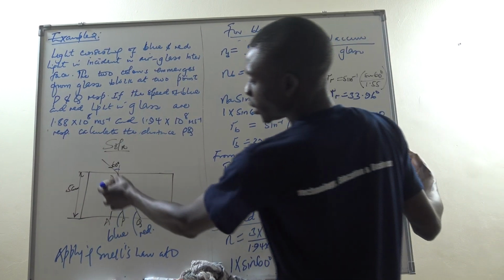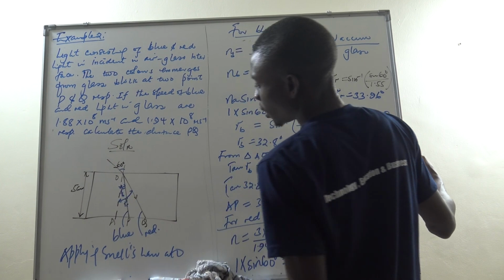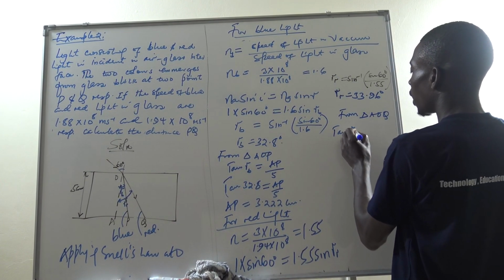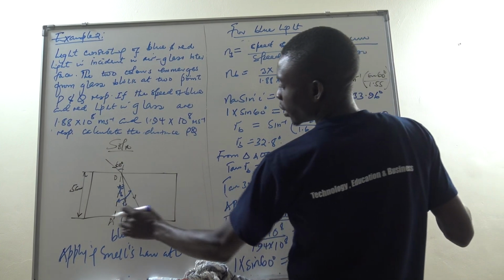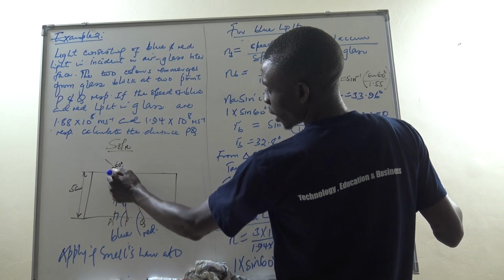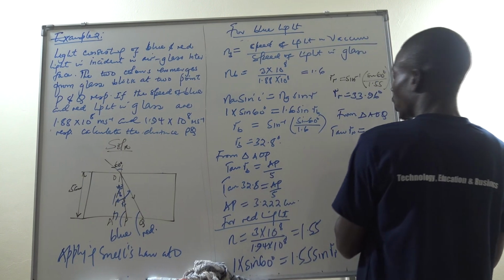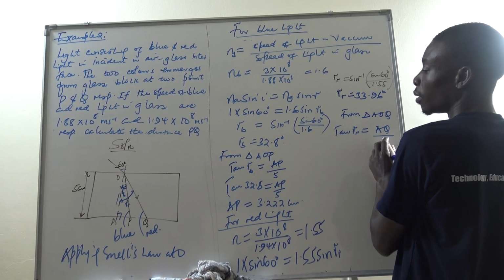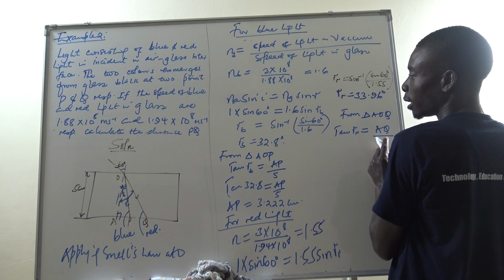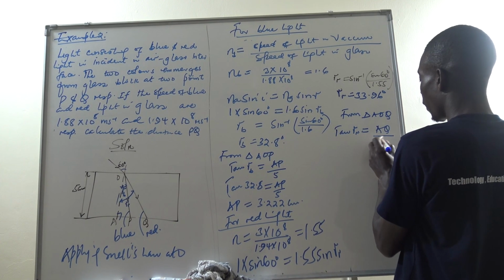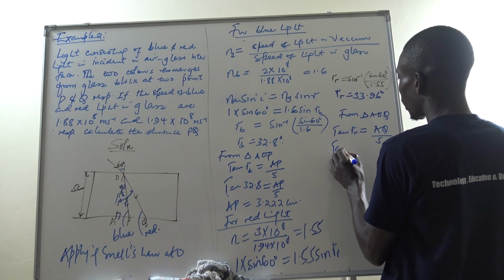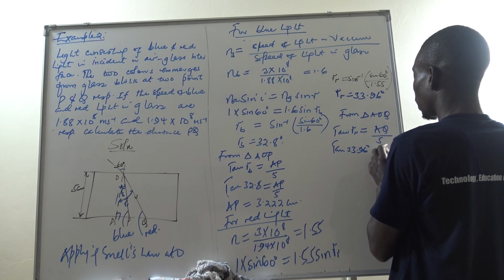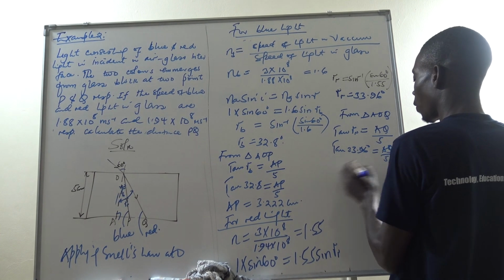Now from my triangle AOQ, tan of R R equals the opposite, which is AQ, over the adjacent, which is 5. That means tan of 33.96 equals AQ out of 5.